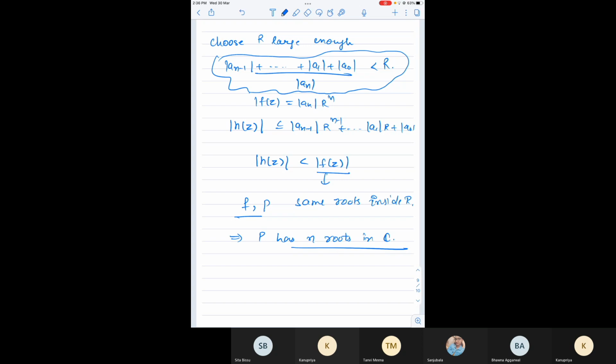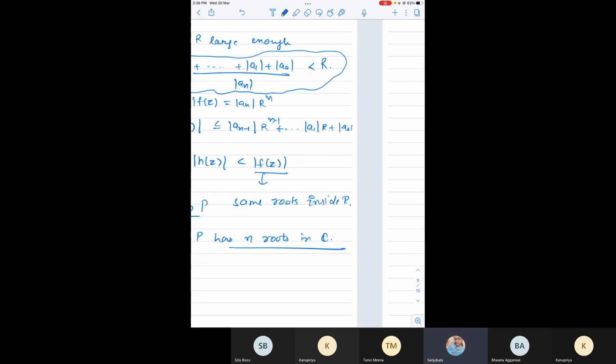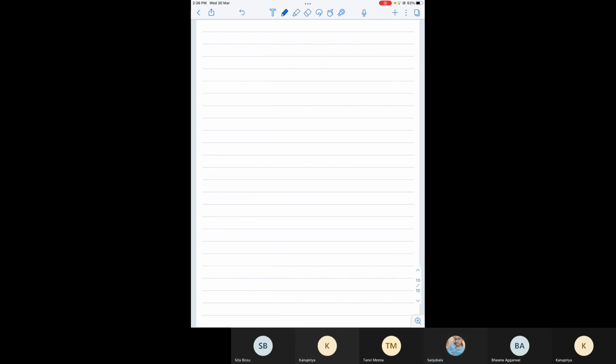Because R is large enough, tending to infinity, P has n roots in C. Is it okay? Yes, ma'am. Okay.